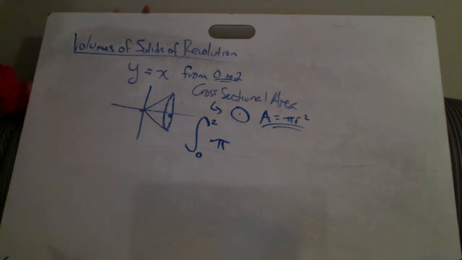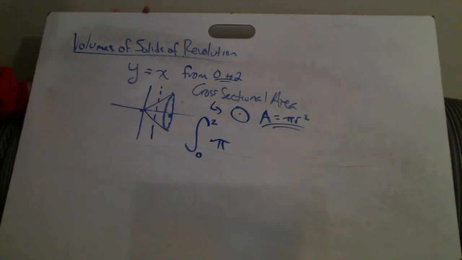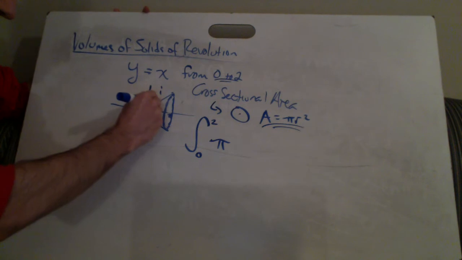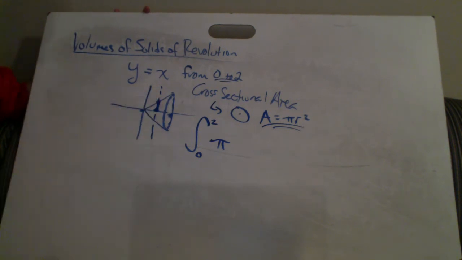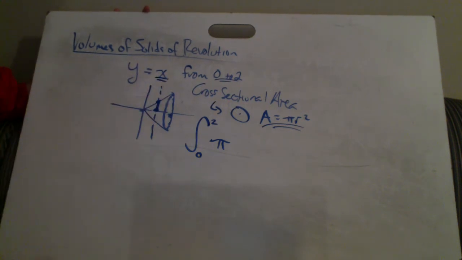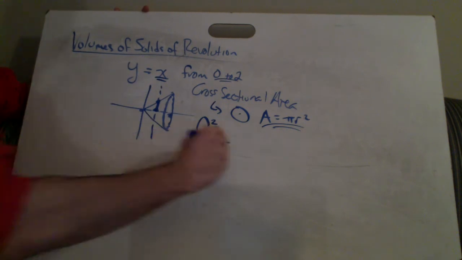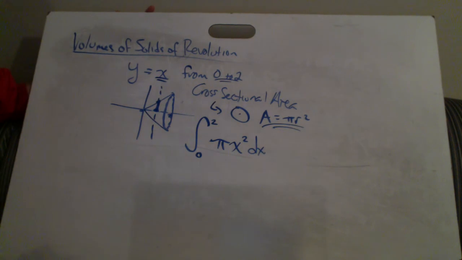Well, if I look at my drawing, if I chose a random spot to cut this cross section, the radius of this circle would be from here to here. In this case, that distance is just x, because this is the y value corresponding to this random x value, x.